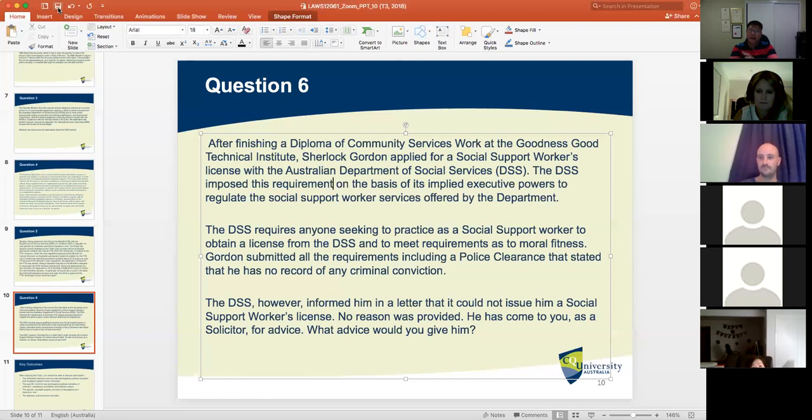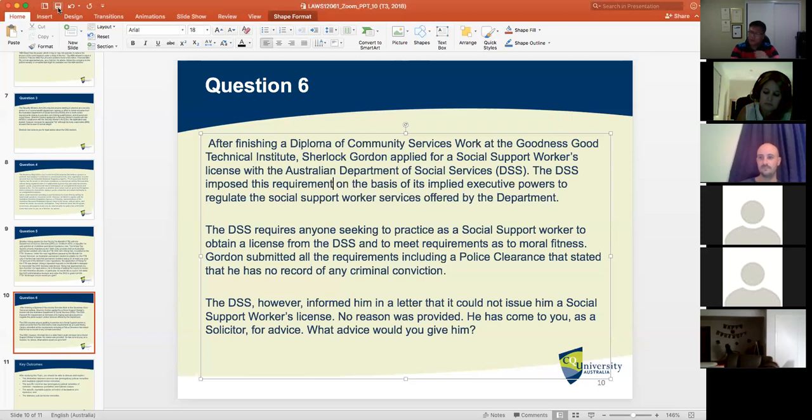In other words, as a matter of law, Sherlock Gordon has the right to the license. That's the allegation we're making. And therefore, if Sherlock Gordon has the right to the license as a matter of law, and the executive refuses to issue that license, then the decision of the executive is unreasonable. It is a decision that no reasonable person or authority would arrive at.